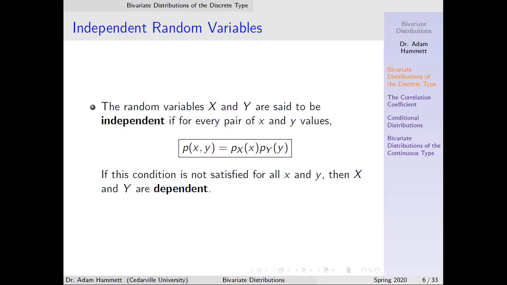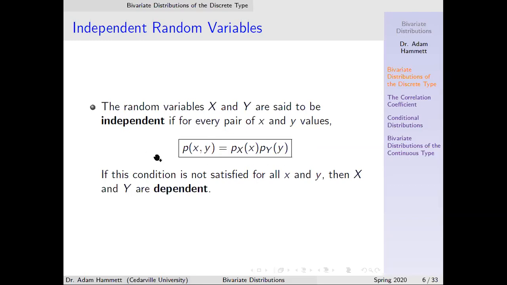So independence can be characterized for a pair of random variables in that the joint PMF is equal to the product of the marginals at that ordered pair (x, y). So p(x, y) is equal to the marginal PMF of X at x times the marginal PMF of Y at y. That's the meaning of independence for random variables.